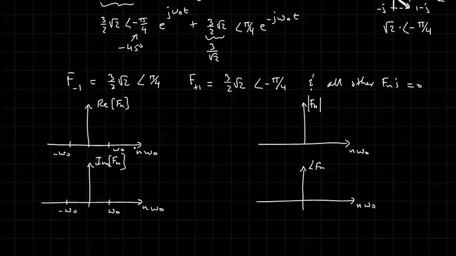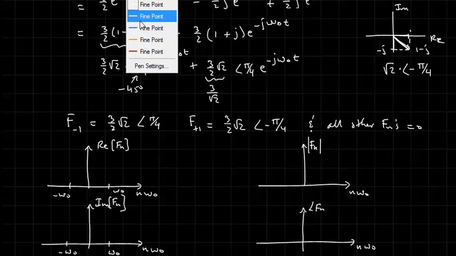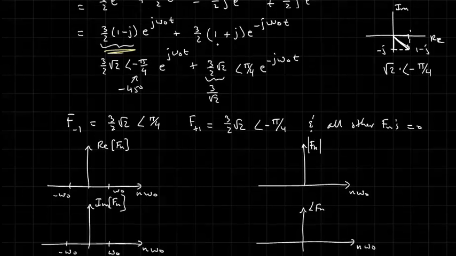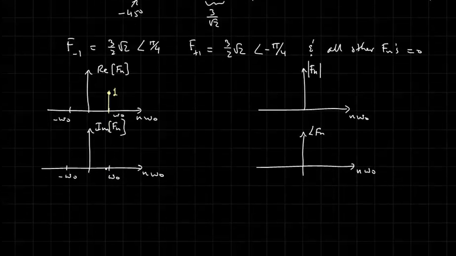For the real part, at plus omega naught we have a real part of 1 and an imaginary part of minus 1.